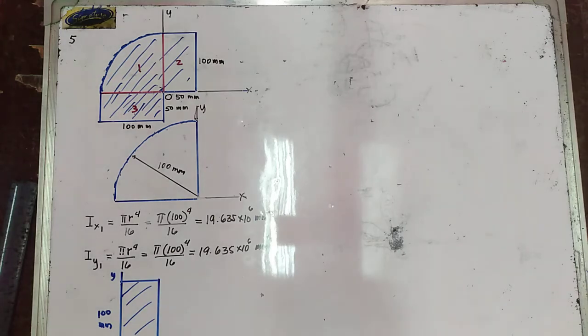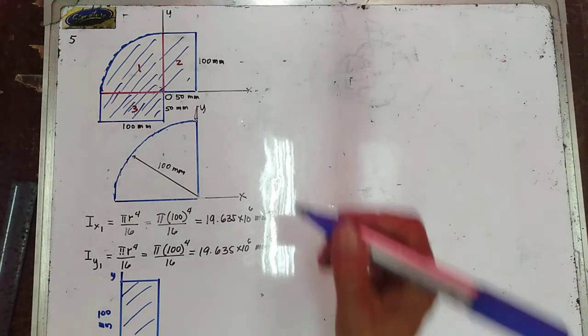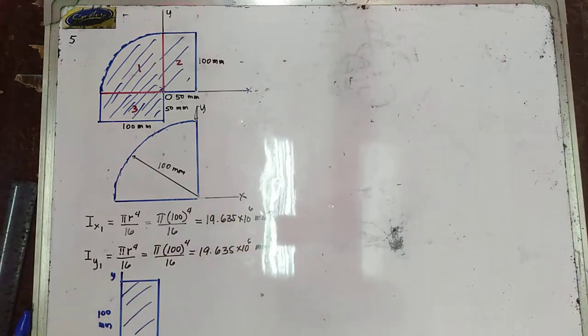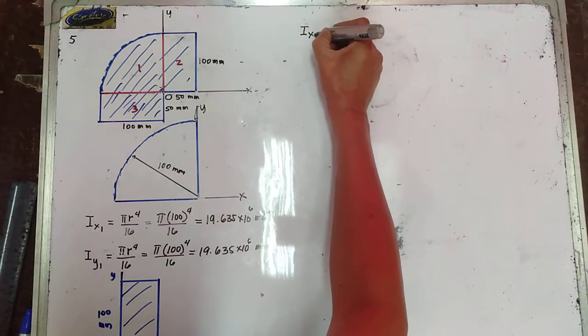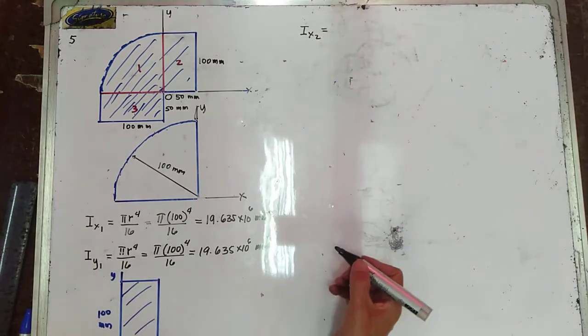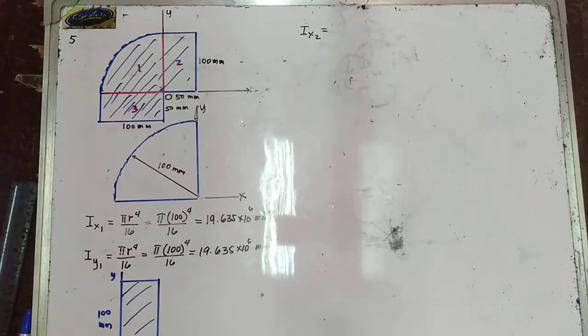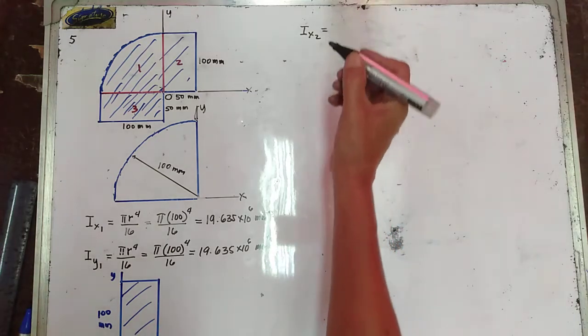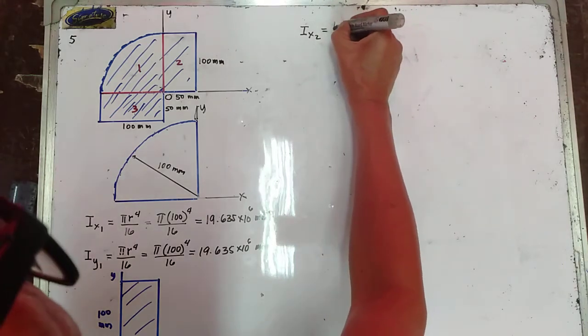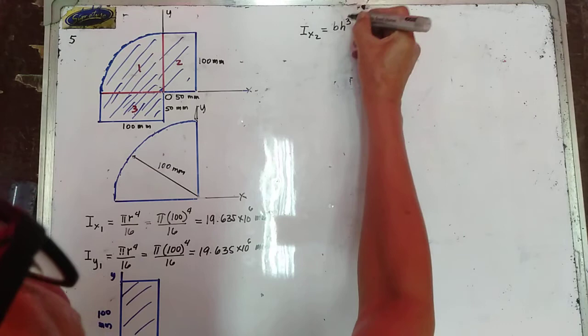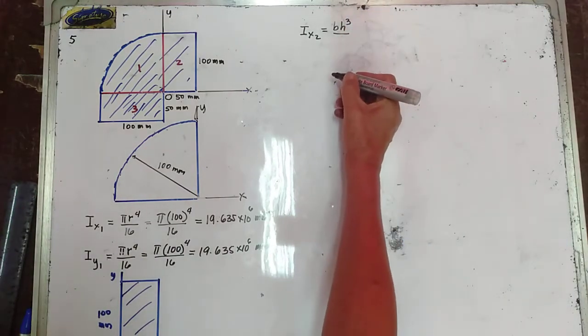So that the moment of inertia about the x-axis for area 2 is now equal to, since the base of this rectangular area coincides with the x-axis, so we can make use of the moment of inertia about the base of this, and that is bh cubed all over 3.